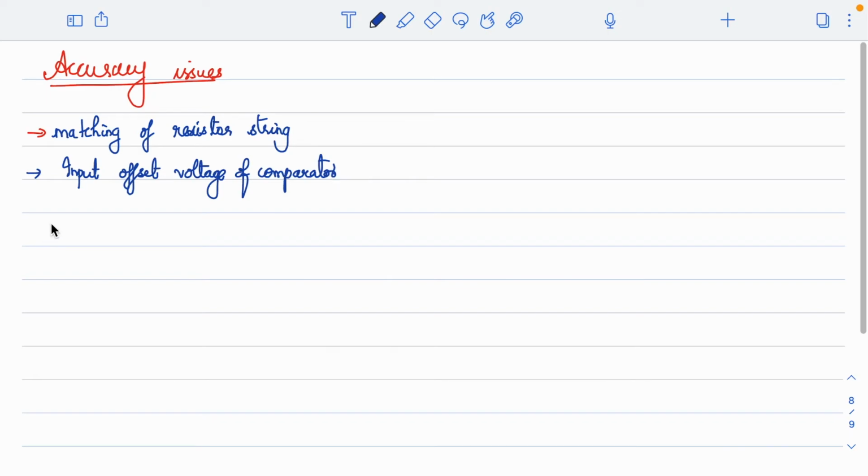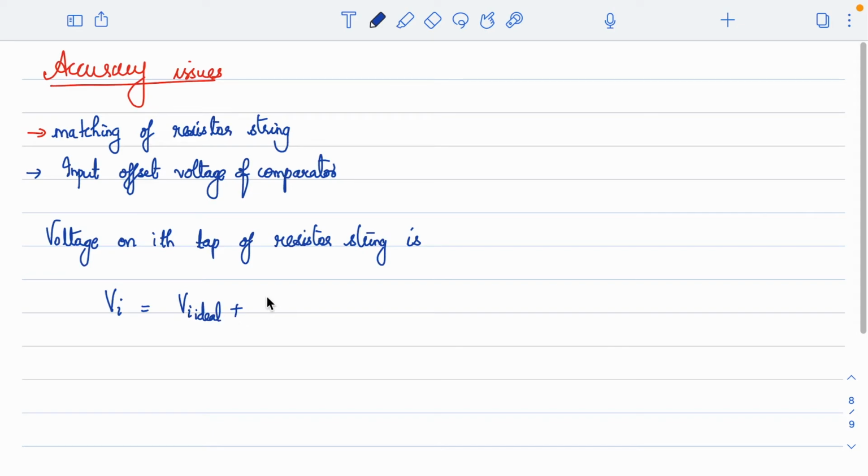All right, so let me take the equations what we have looked at in the case of resistor string DAC. So say voltage on the ith tap of resistor string, we can write it as, say if it is Vi, we expect there is an ideal voltage, plus now I need to include the mismatches as well.